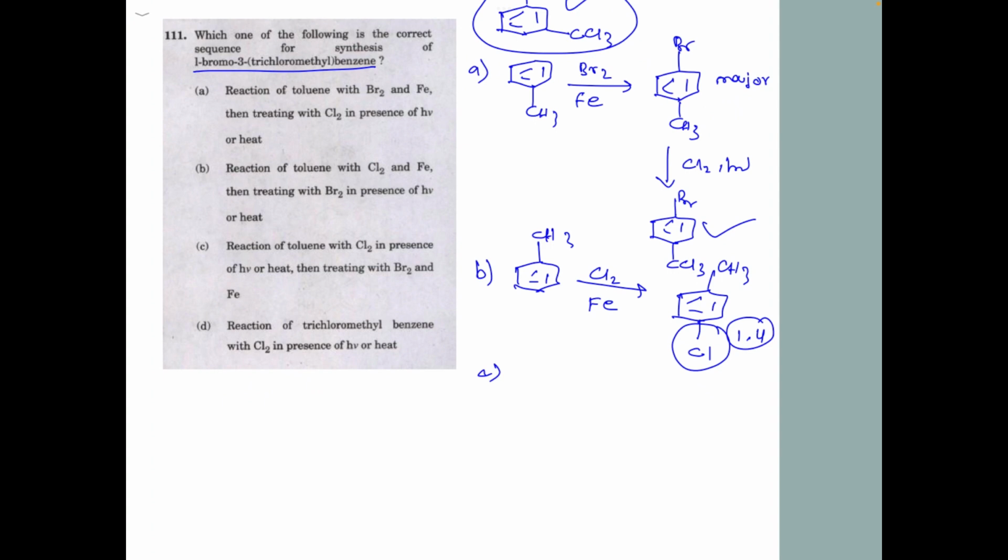In the next option, reaction of toluene with chlorine in presence of light or thermal condition, then treating with bromine.